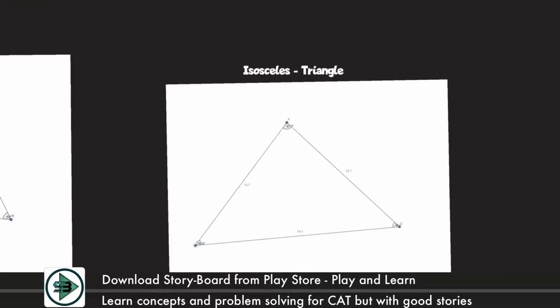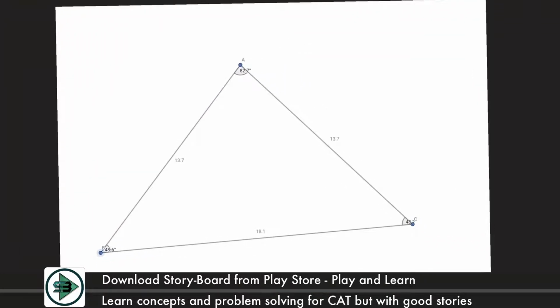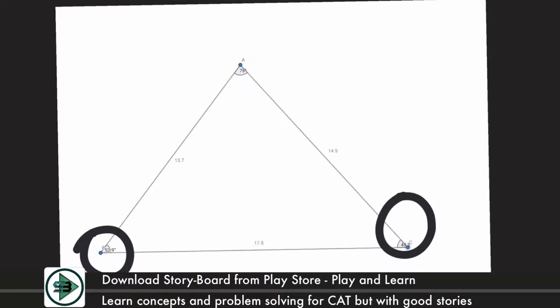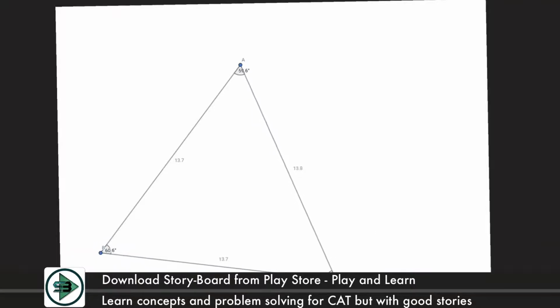After that, let's move on to an isosceles triangle. What do we know about the isosceles triangle? The 2 sides are equal and the 2 angles adjacent to those 2 sides are equal. So let's see 48.7 and 48.7. Angle B is equal to angle C. Why? Because AB is equal to AC. Earlier both were 13.7, right? So that is isosceles triangle.